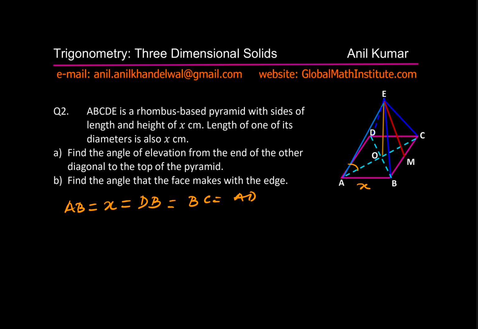Now in this case, we are given that these three sides are equal. So this side is equal to the other diagonal and this. That means that the triangle ADB, or ABD, is an equilateral triangle. So all the angles in the base are 60 degrees.